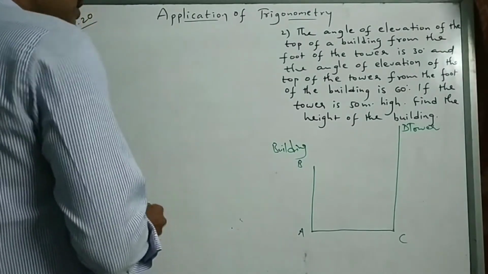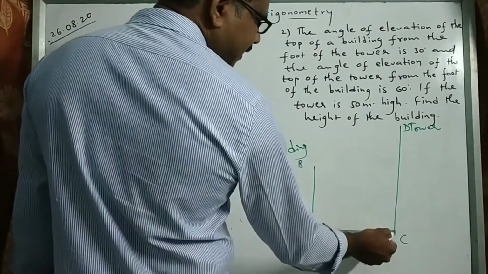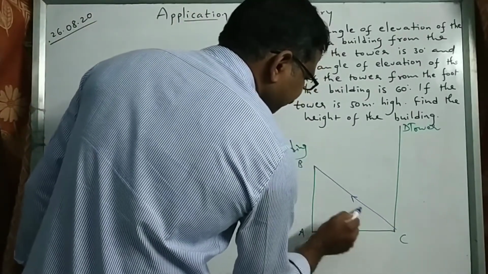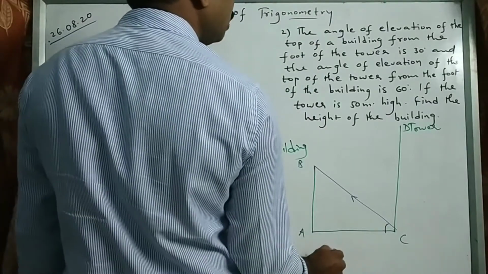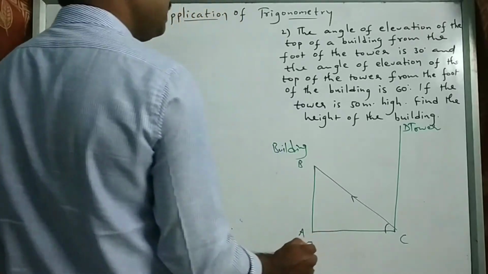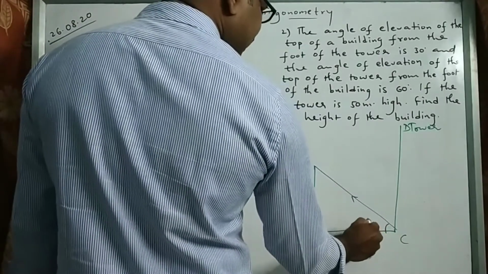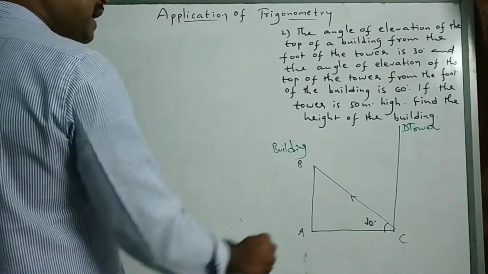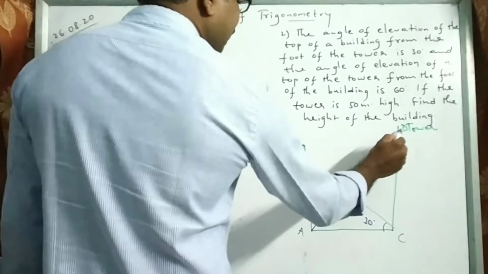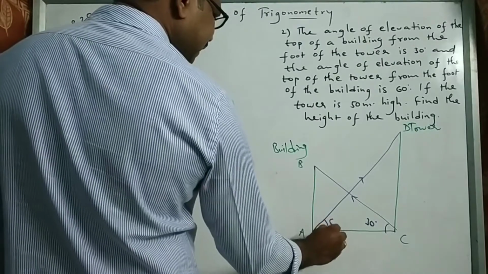The angle of elevation of the top of the building from the foot of the tower is 30 degrees. Where is the foot of the tower? Here. From here, one person is observing the top of the building. And the angle of elevation of the top of the tower from the foot of the building is 60 degrees.